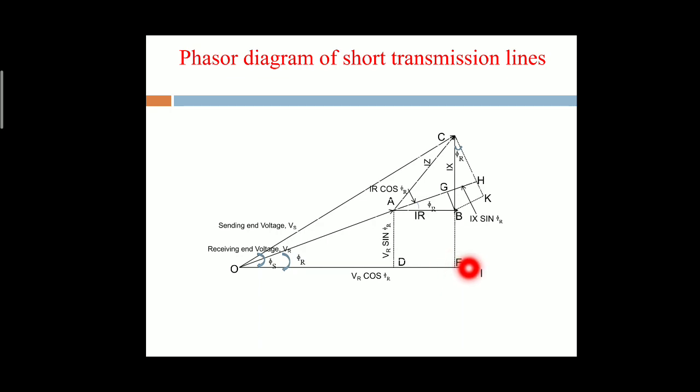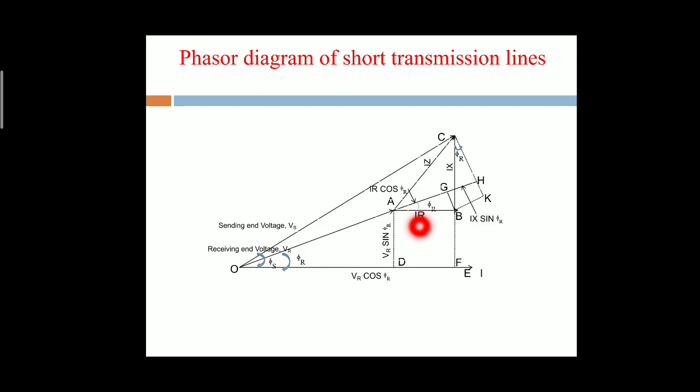We know the value of FC: FC is equal to FB plus BC, where FB is VR sin phi r and BC is Ix. OF is OD plus DF, where OD is VR cos phi r and DF is IR.